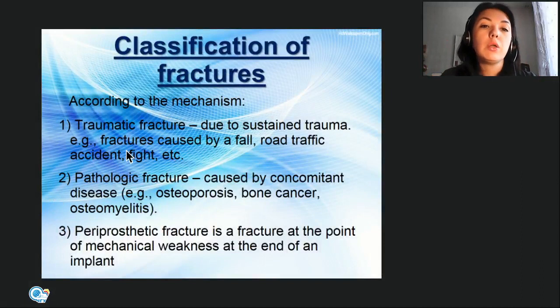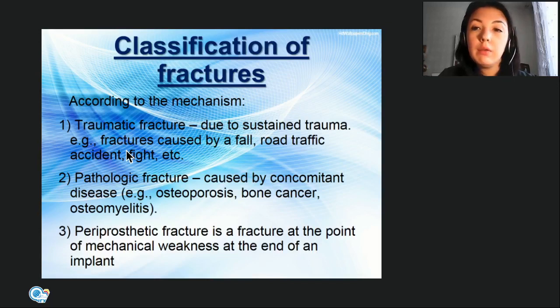Classification of fractures. According to the mechanism, all fractures are divided into three groups. The first is traumatic fracture. This is the most common, the fracture we deal with in traumatology. It is due to sustained trauma, like fractures caused by a fall, a road traffic accident, a fight, etc. There are pathologic fractures, which are caused by a concomitant disease, such as osteoporosis, bone cancer, osteomyelitis.